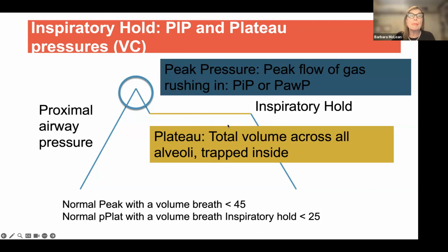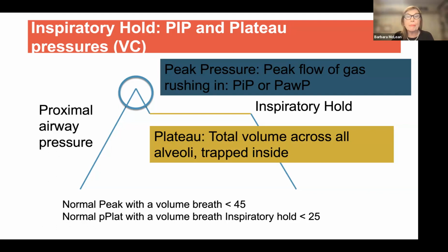That's known as peak plateau. Plateau pressure says you took the volume of the breath, you disallowed the patient to exhale, and you look at the pressure that is generated when that volume is across all the alveoli. The more alveoli that are open, the lower the pressure. The less alveoli that are open, the higher the pressure.